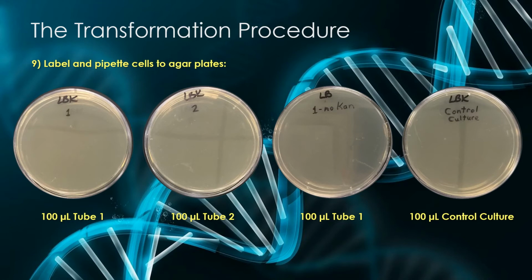We also have one called 1 no kan, so that's a plate without kanamycin. That's another control plate. And then lastly, control culture, which is basically the culture from Lab 8, the one that is already kanamycin resistant. So if you take a look at these plates, we have basically 1 experimental plate and all the other 3 are controls. Hopefully you've paid attention because you'll have to explain that in your lab report.